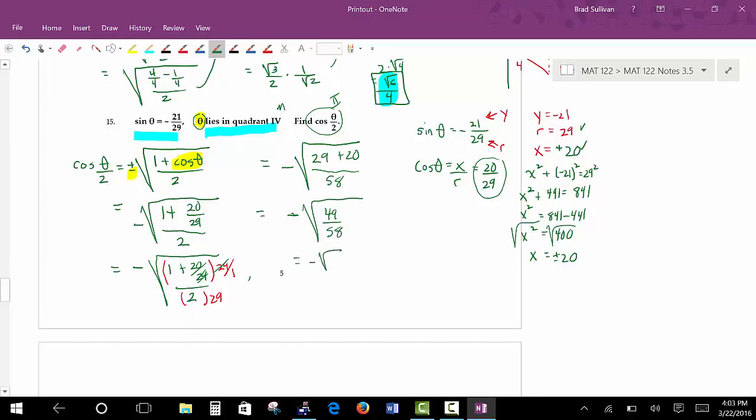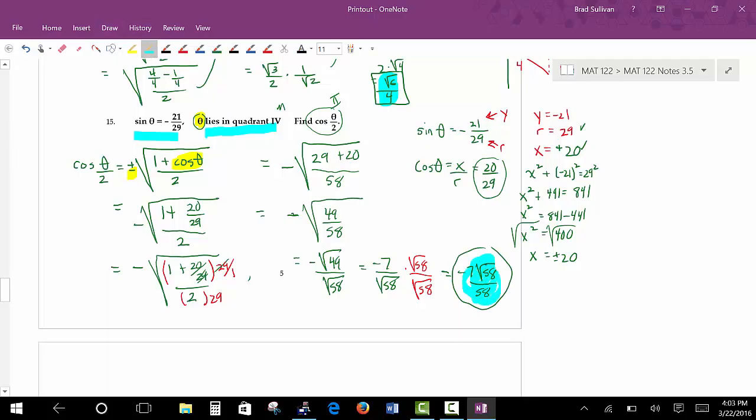So that's negative square root of 49 over square root of 58. So that's going to be negative 7 over square root of 58. Then I can rationalize that denominator to get a final result. Okay, so the final answer of this problem should be negative 7 root 58 all over 58.